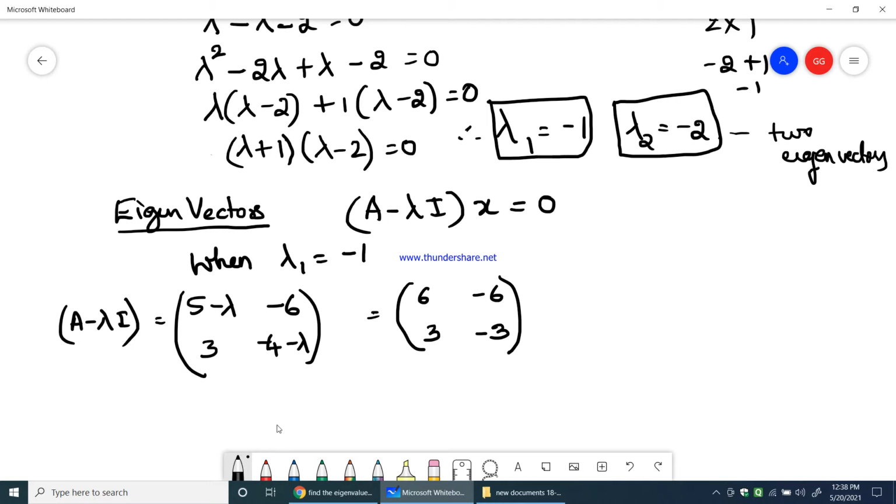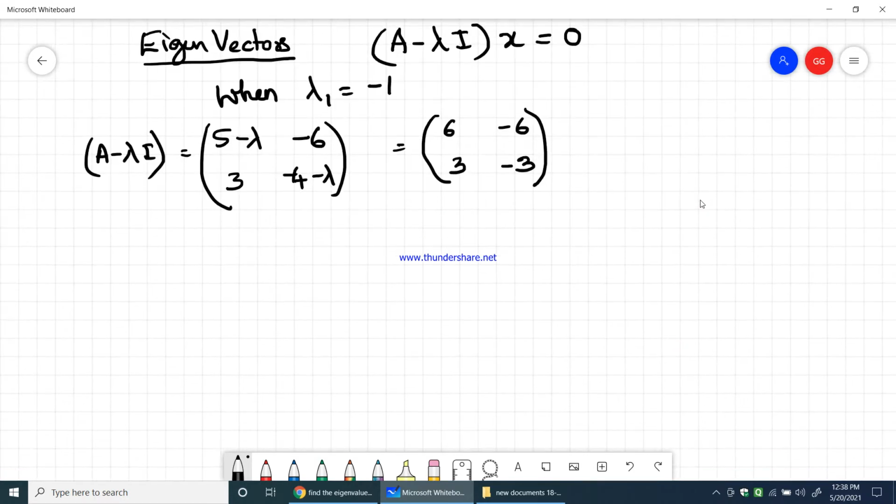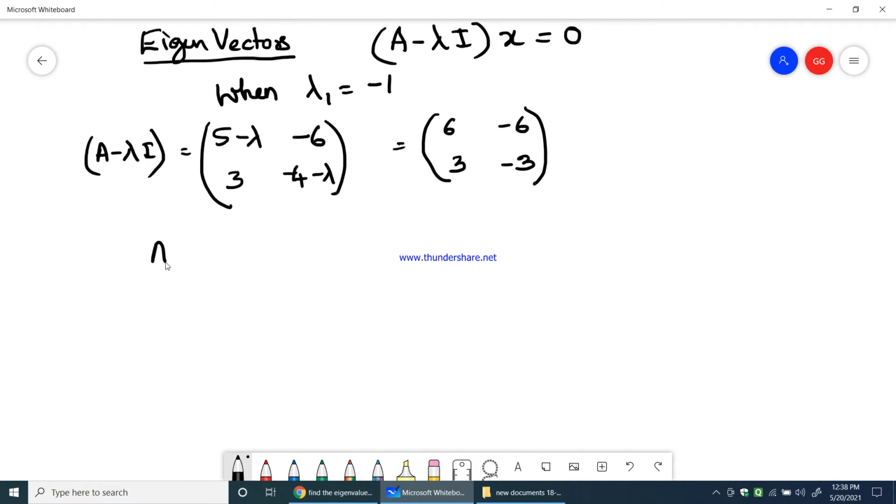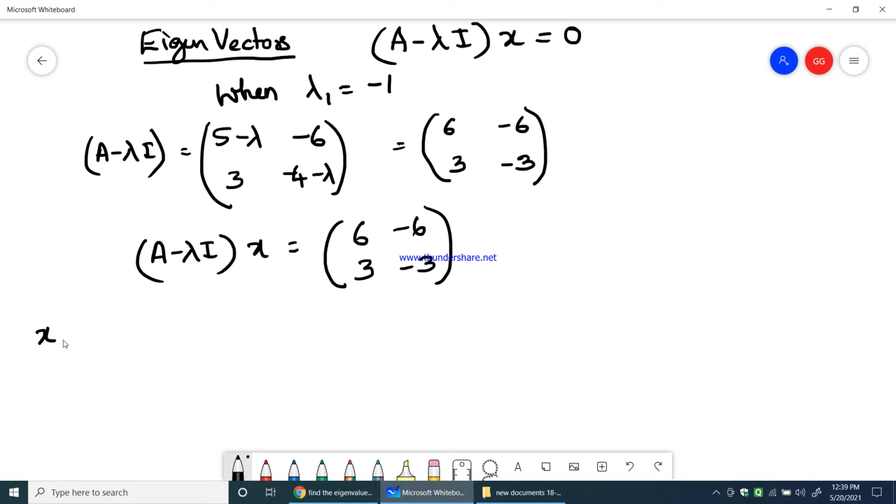Now this will be multiplied by x, therefore A minus lambda I into x would be, x is a column vector, 6 3 minus 6 minus 3. Now x is a column vector which will always have the number of rows, which is 2 here in this 2 cross 2 matrix, so it is 2 cross 1, which is one column.